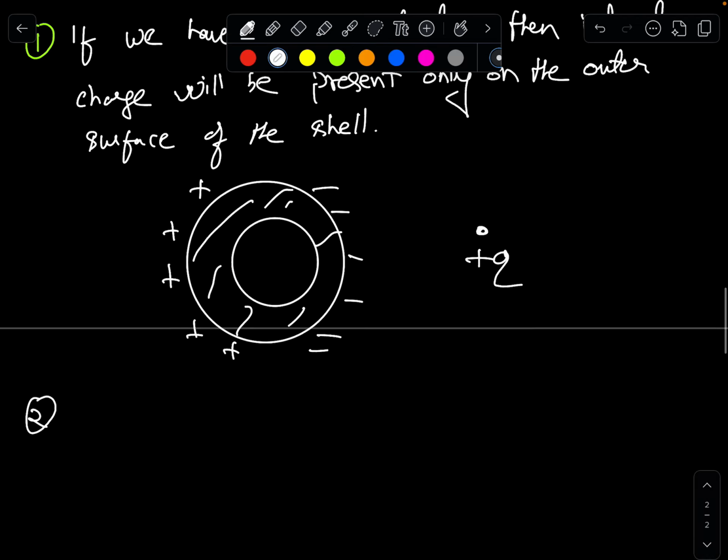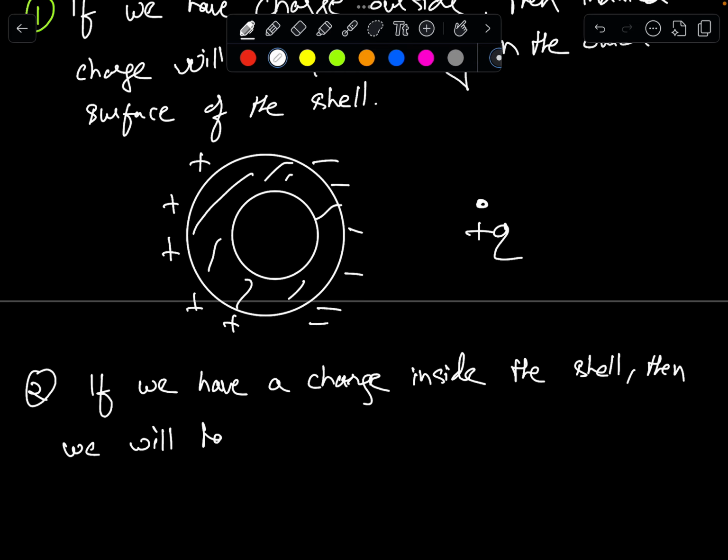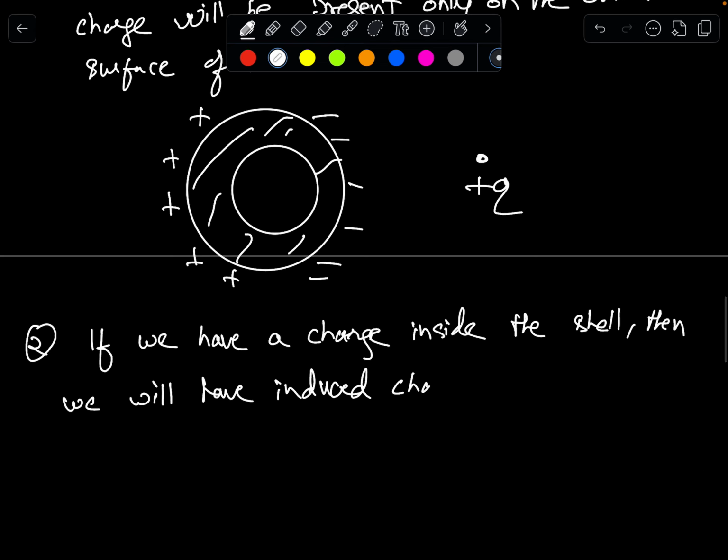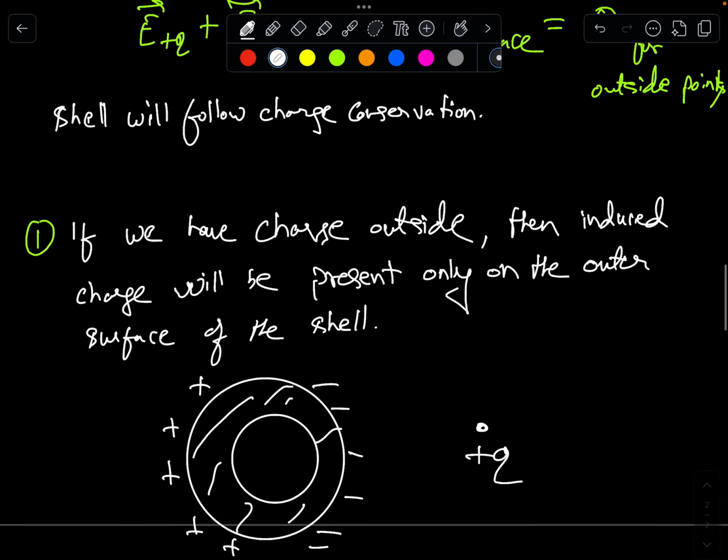Second important point, what we have seen, is that if we have a charge inside the shell, then we will have induced charge on both the inner and outer surface of the shell, like we had seen just now here.